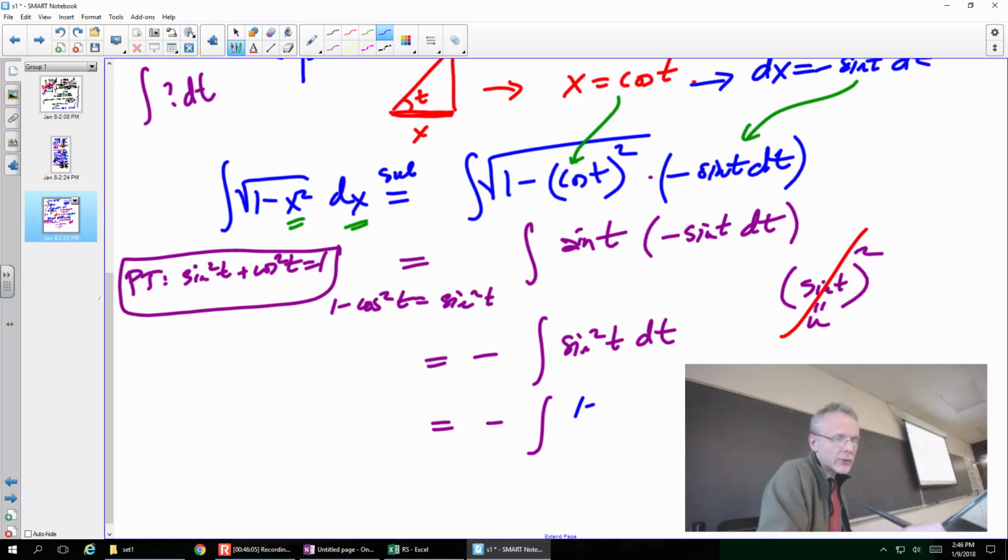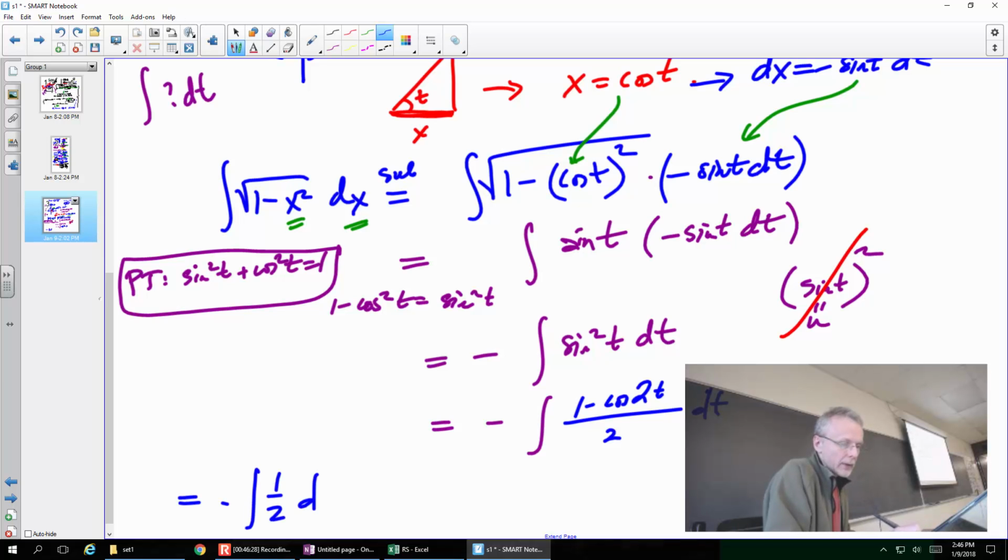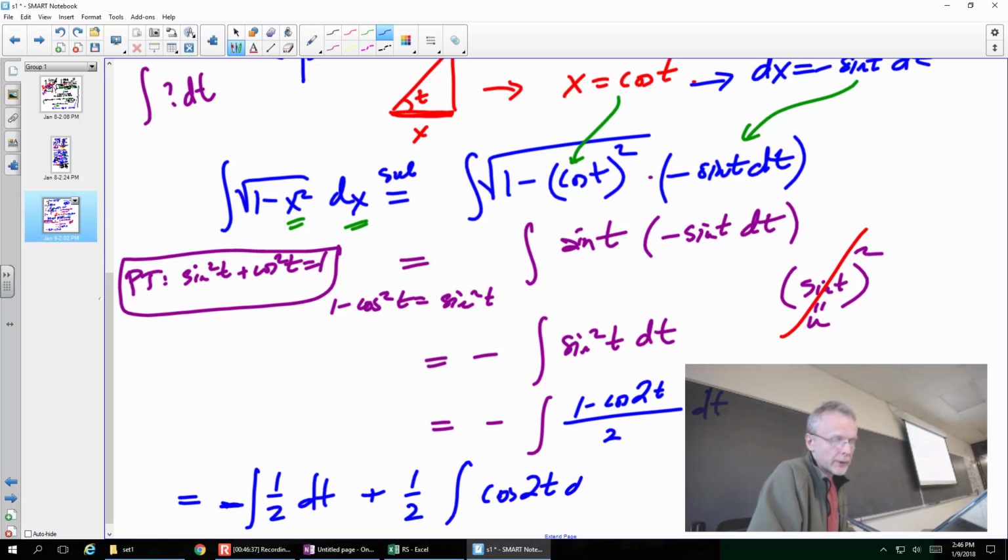It's simply 1 minus cosine 2t over 2 dt. Okay, so you can see how this is easier because the substitution becomes possible, right? I could just split it into two. I'll have the integral of negative 1/2 dt by the sum rule plus 1/2 cosine 2t dt.